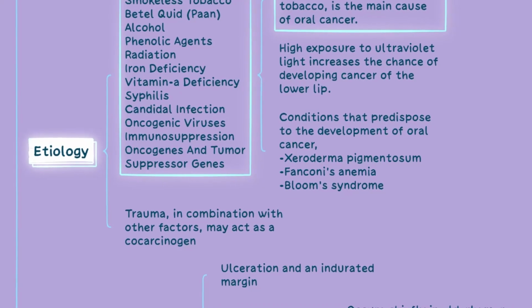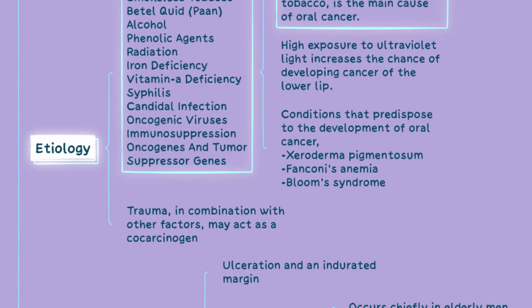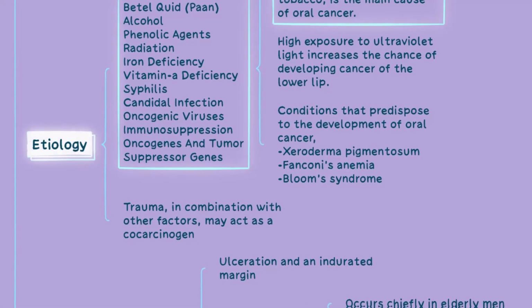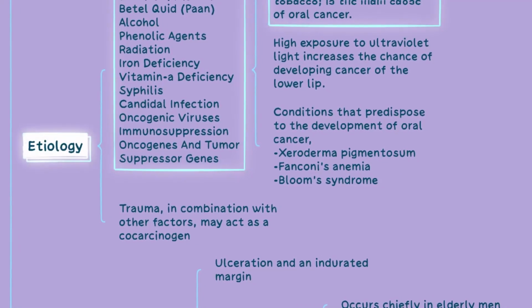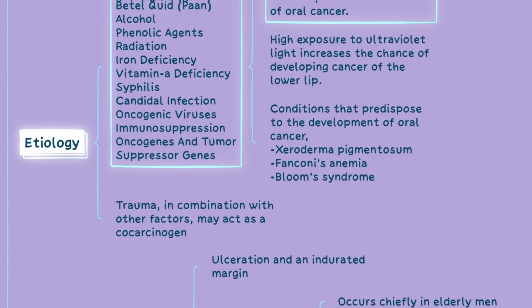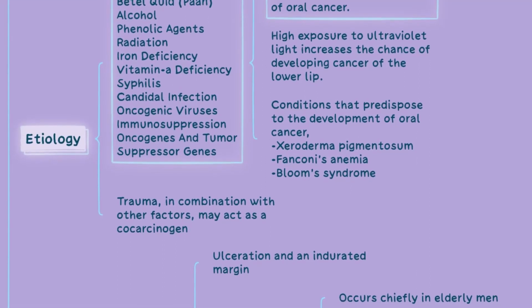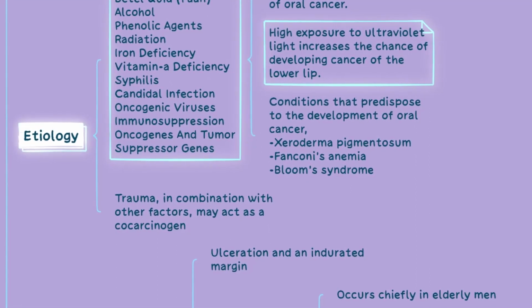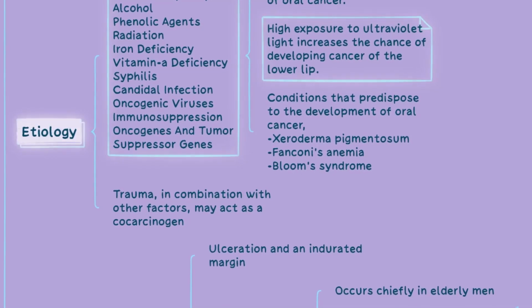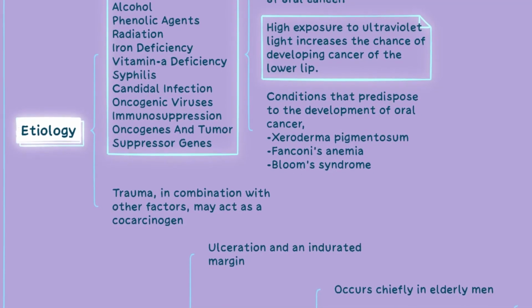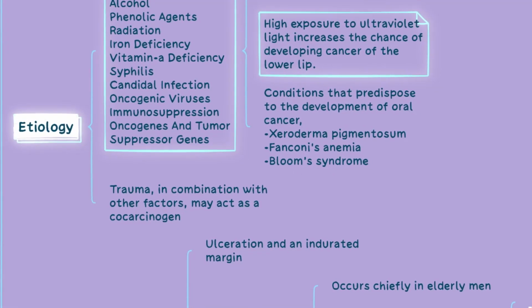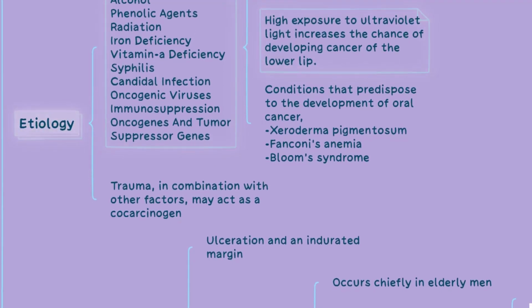The use of tobacco in any form is one of the primary causes of oral cancer. Smoking and smokeless tobacco use significantly increases the risk of developing squamous cell carcinoma. Excessive exposure to ultraviolet light, particularly on the lower lip, is associated with an increased risk of developing squamous cell carcinoma in that area.